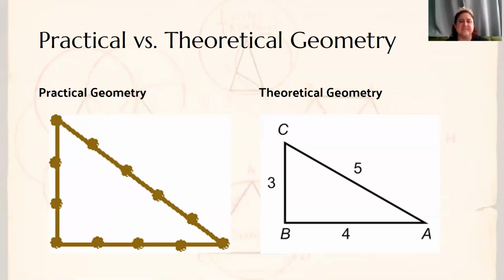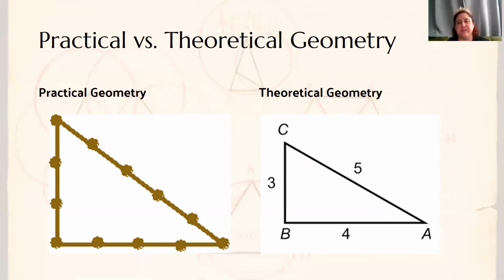Here's an example of the difference between practical geometry and theoretical geometry. The illustration on the left demonstrates how the ancient Egyptians would make a right angle in surveying. They would have a rope that was knotted off in 12 equal segments, and they would arrange it so it was 3 segments, 4 segments, and 5 segments, and they knew that that made a right angle.